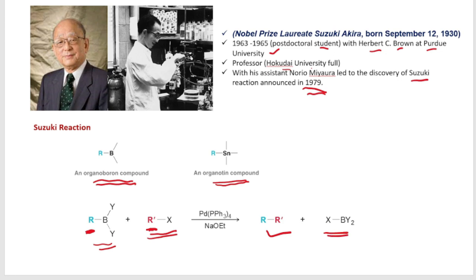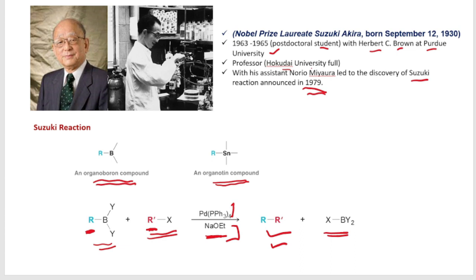So this was the first difference, that in the Suzuki reaction you use organoboron, and the other difference is that you use a base. Here they are using sodium ethoxide. So in the presence of this palladium and base, a new carbon-carbon bond is formed.